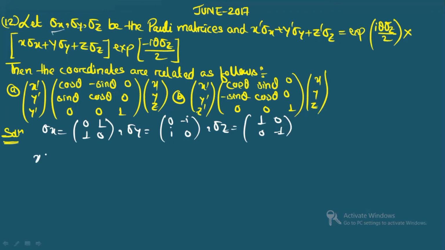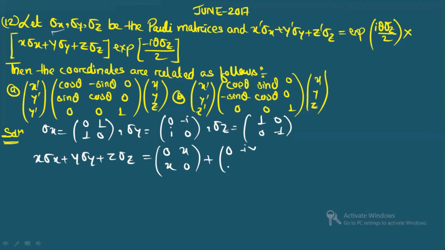Just multiply x here, so it will be [0, x; x, 0], plus multiply just y, then you will get [0, minus iy; iy, 0], plus sigma z, it will give you [z, 0; 0, minus z].